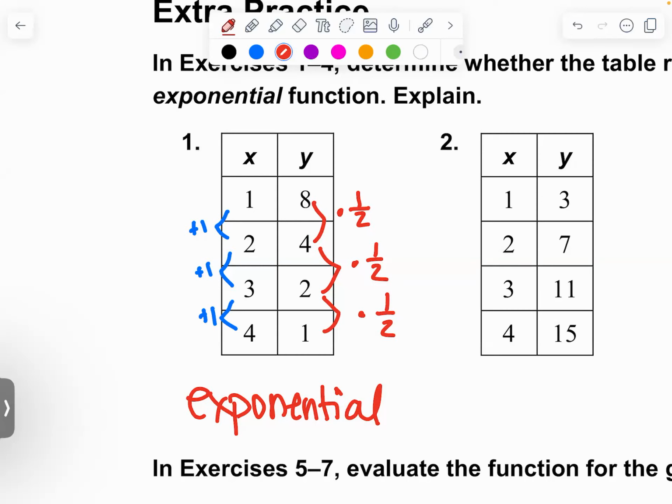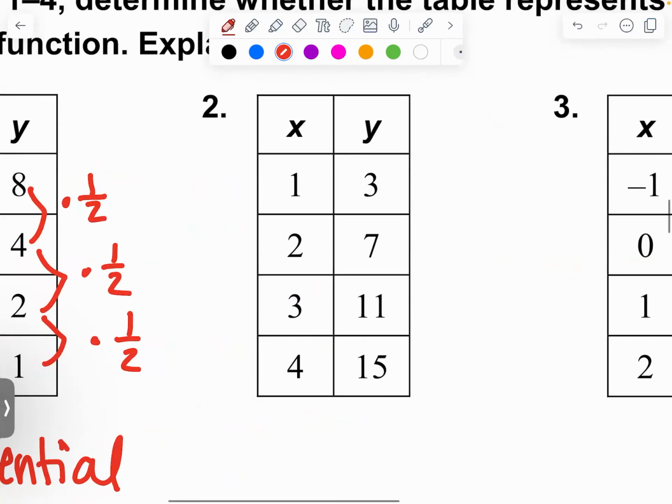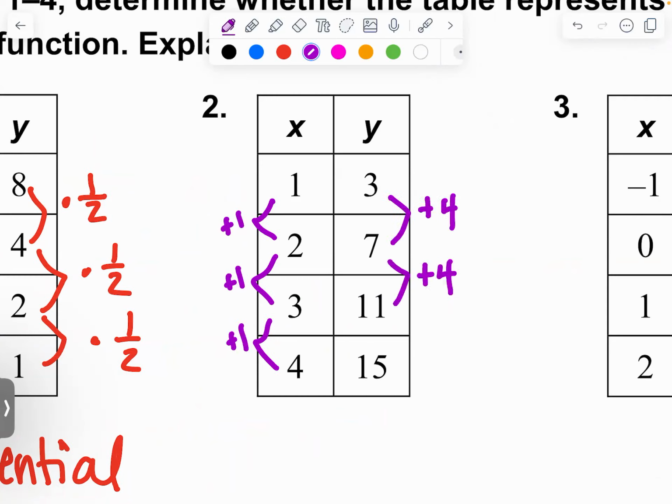Now, look at example number 2. First of all, we have our x values going up by 1 every time, so we have that pattern. But what is our pattern over here with our y values? Adding 4, is that right?